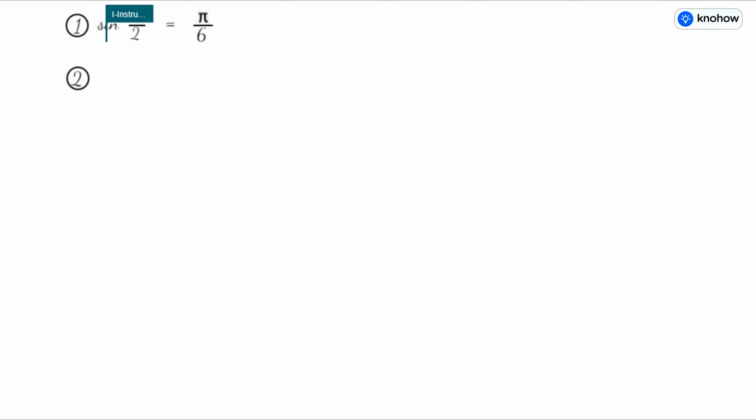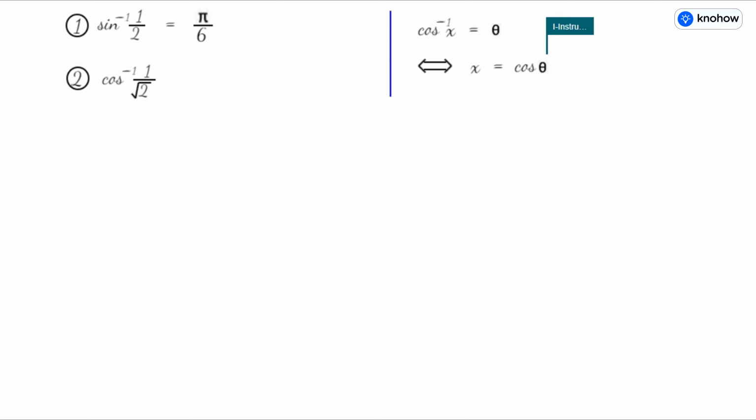Similarly, if you have understood the definition, can you tell me what will be cos inverse 1/√2? How do you define cos inverse x? With the same symbols, cos inverse x is theta, provided x is equal to cos theta. Cos inverse x is an angle whose cos is x.